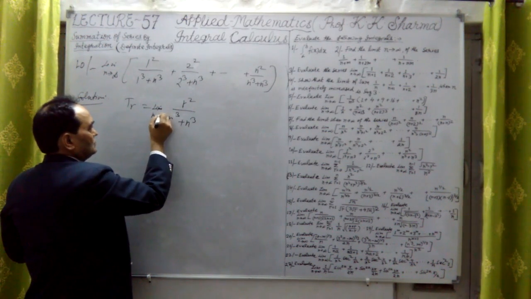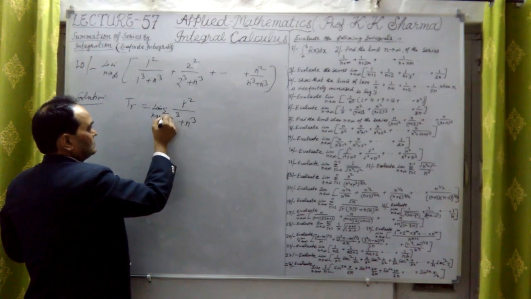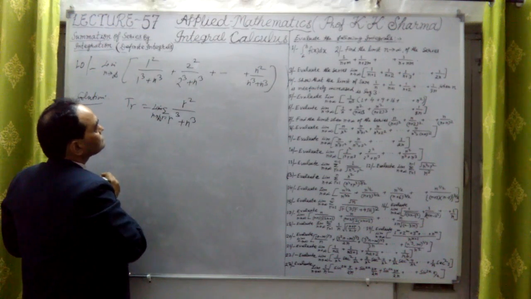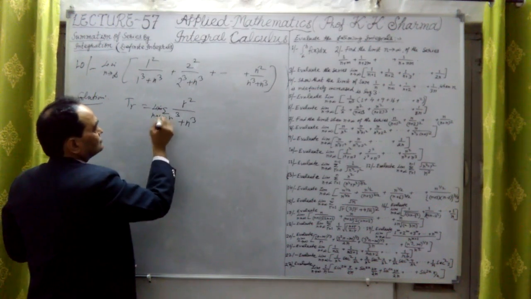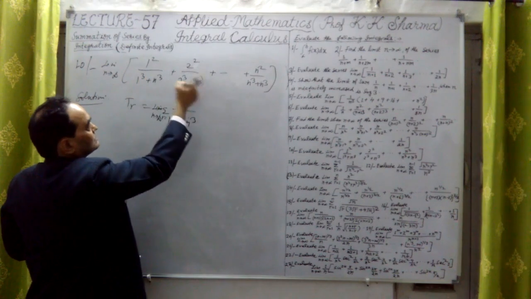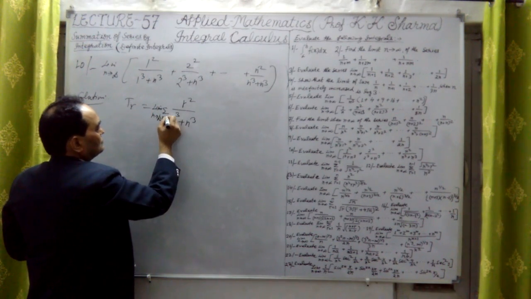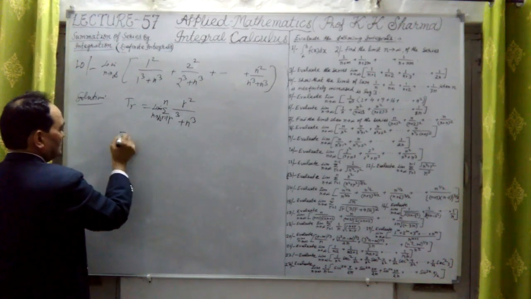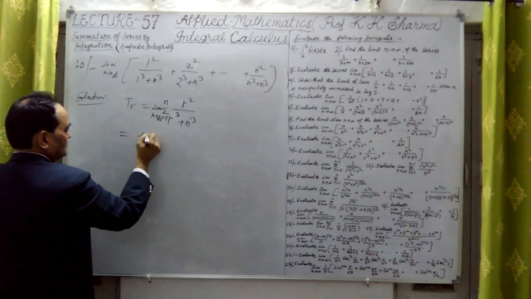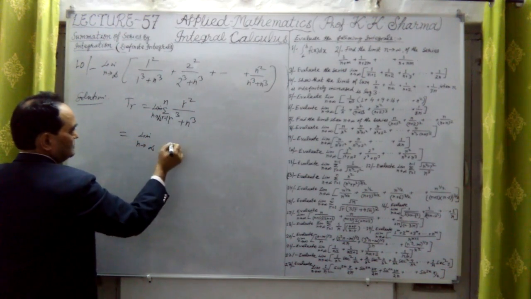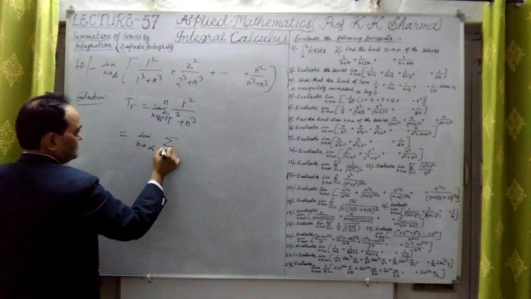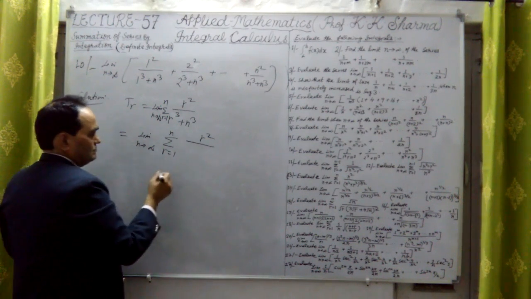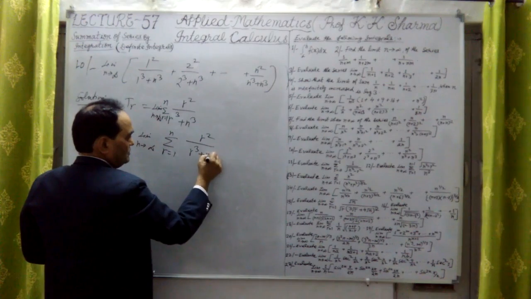Limit n tends to infinity, summation r is equal to 1 to n, because the first term has r equal to 1 and the last has r equal to n. Let me write clearly: limit n tends to infinity, summation r is equal to 1 to n, r square upon r cube plus n cube.